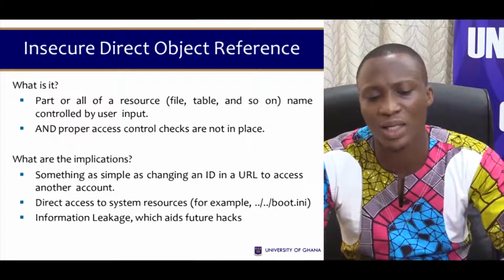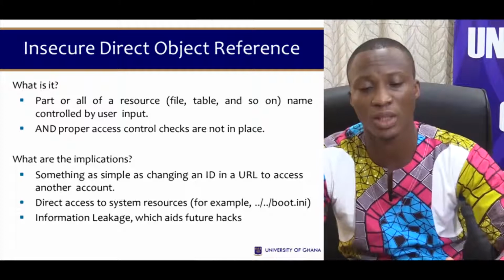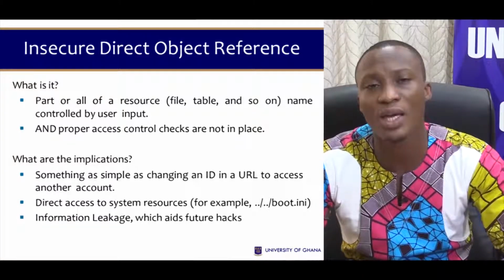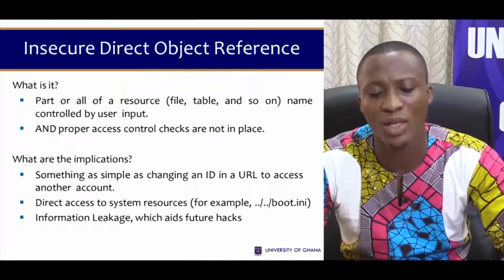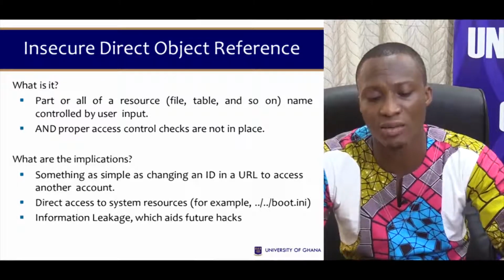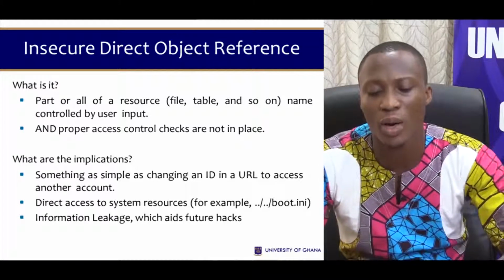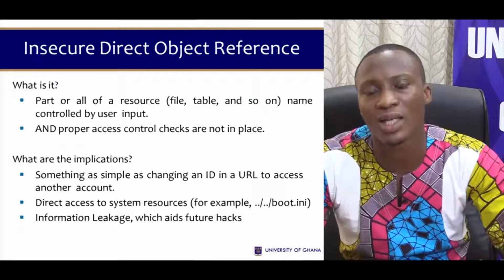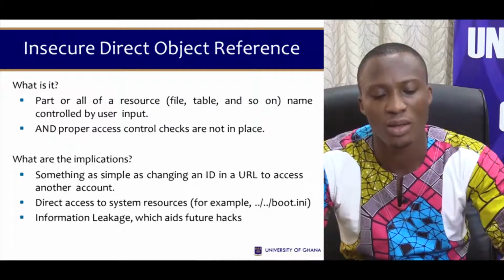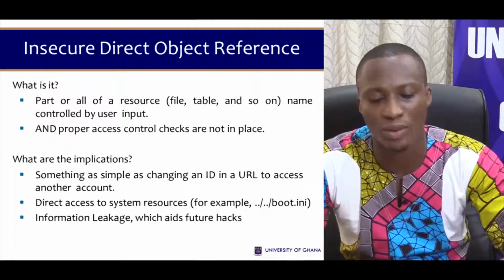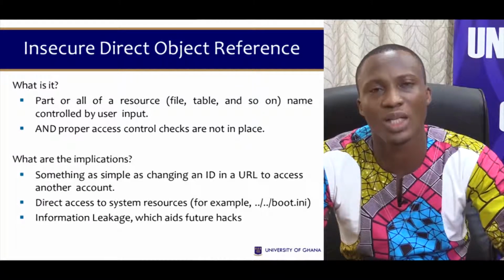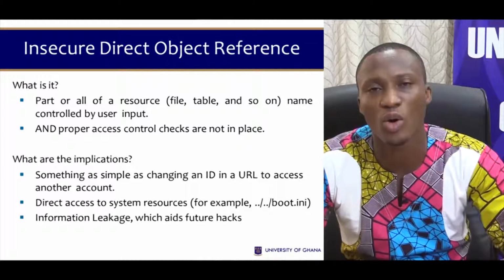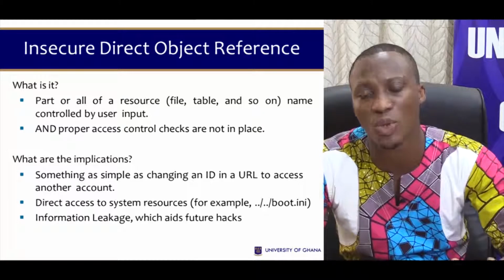Now, what are the implications of insecure direct object reference? Once your session ID is known or is in the URL, the attacker is able to access a user's account, or get access to another account. Here also we have direct access to system resources.